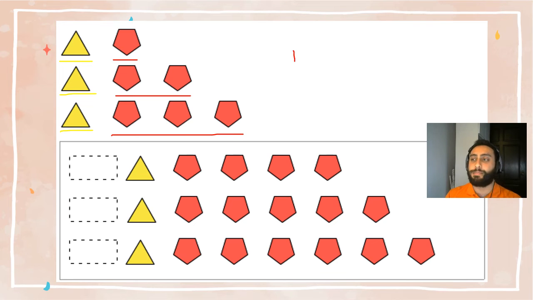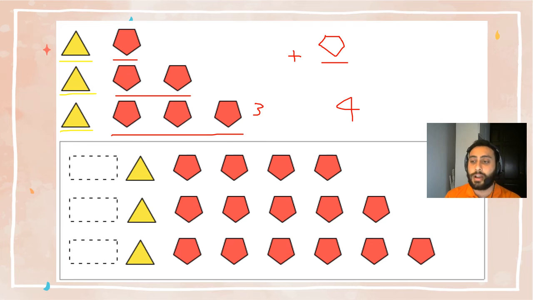So it is plus 1 red. So now we have to add the red. So we know that the next one is going to be add another red, right? So here we have 3 reds. So the next one is going to have 4 because we add 1 red.